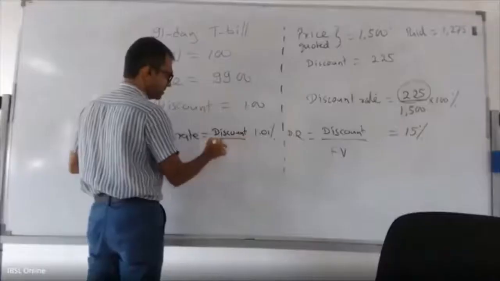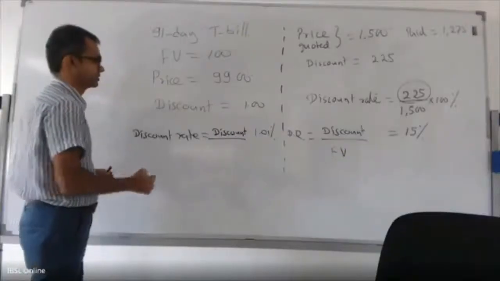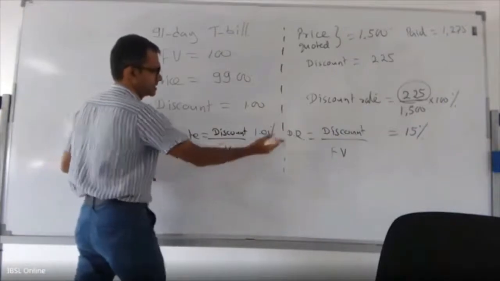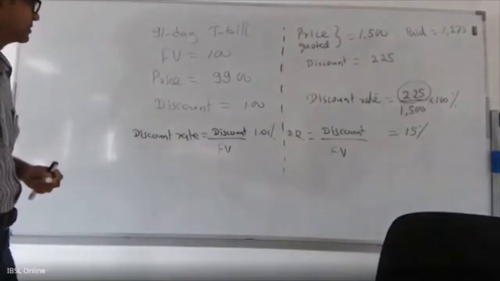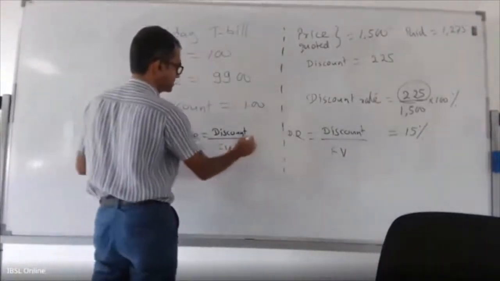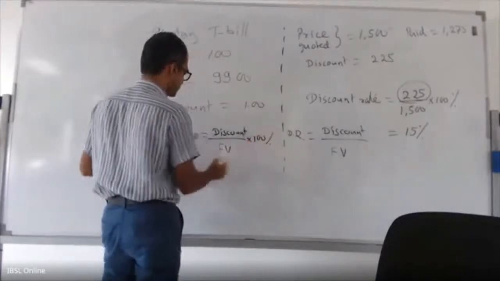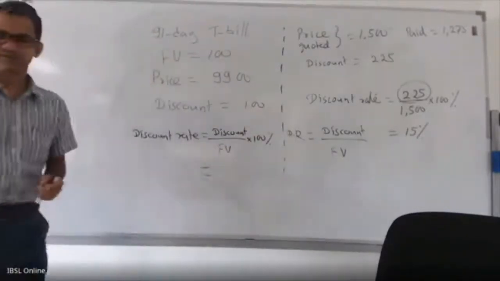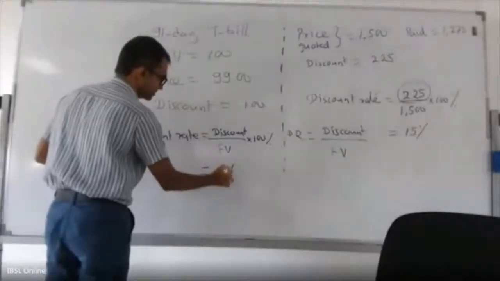The discount amount divided by the price, price meaning the face value, into 100%. So if you do that, what is the discount that you get? 1%. It is only 1%.